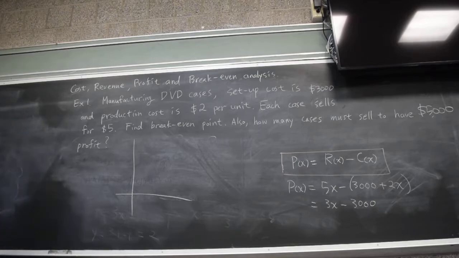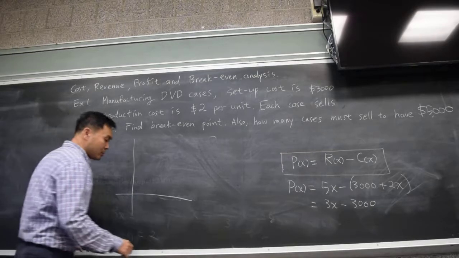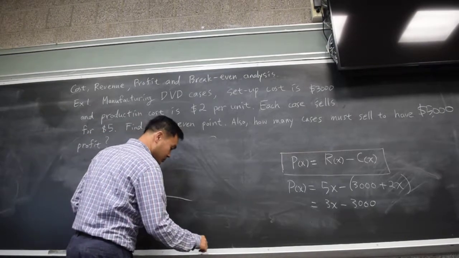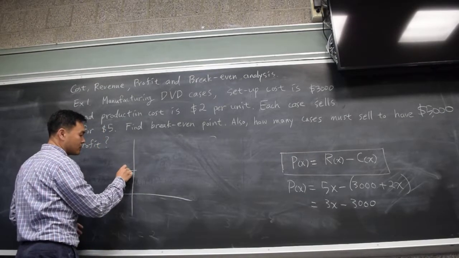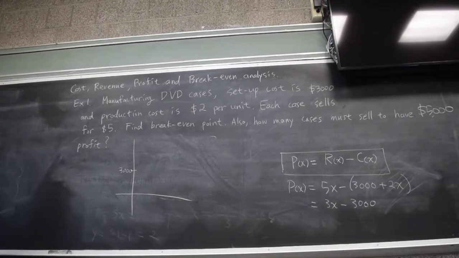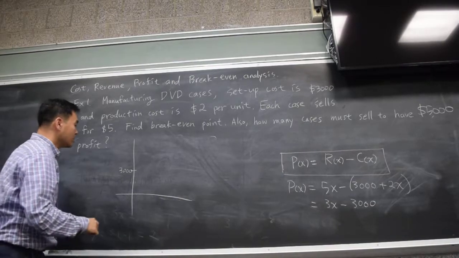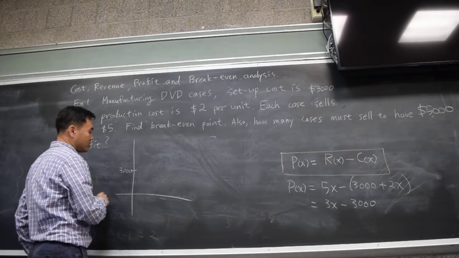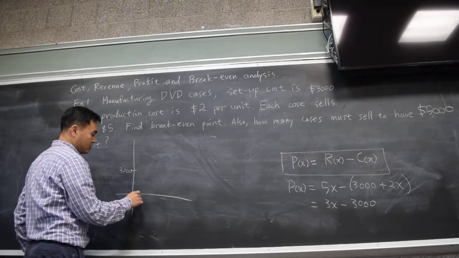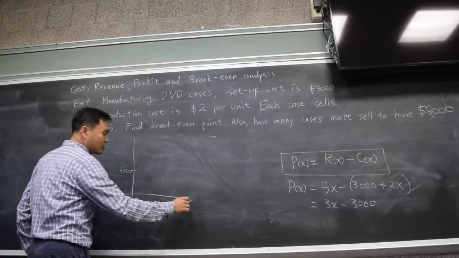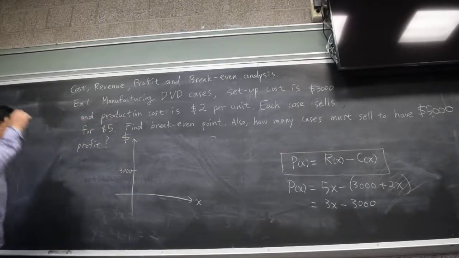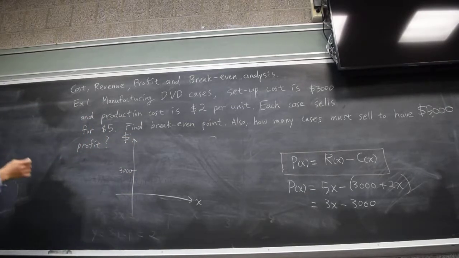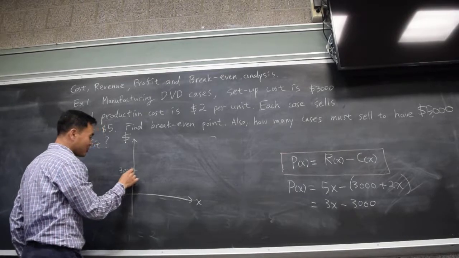What I want to draw is the graph of the cost function. The cost function starts at 3,000, right? So let's say it's 3,000 here. The number of items is x, and this is the money. Right?